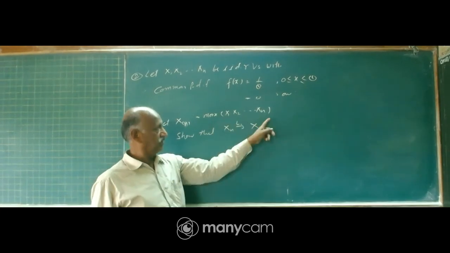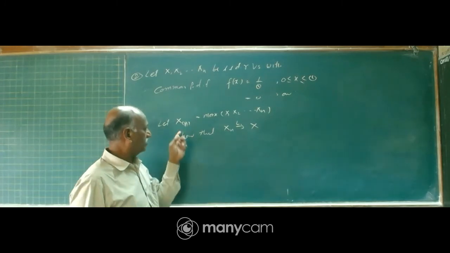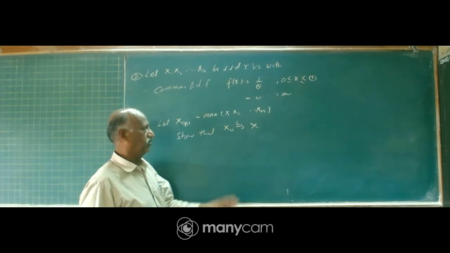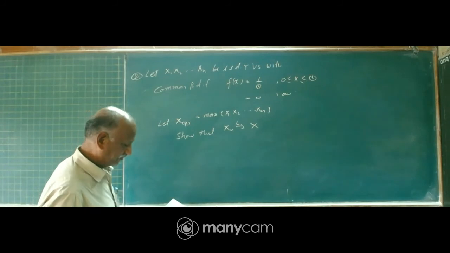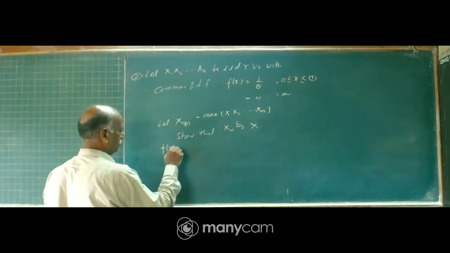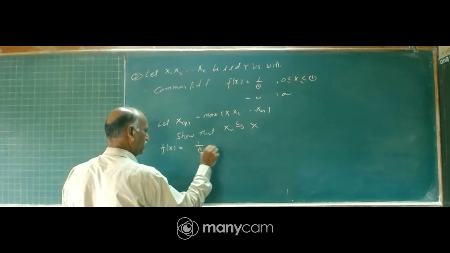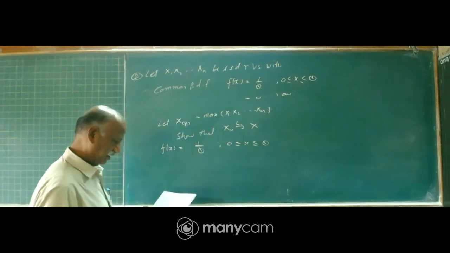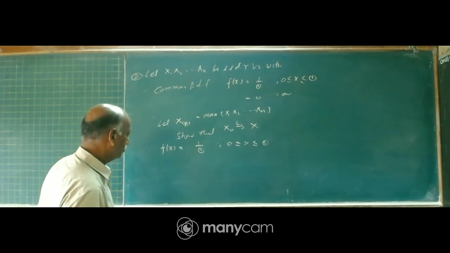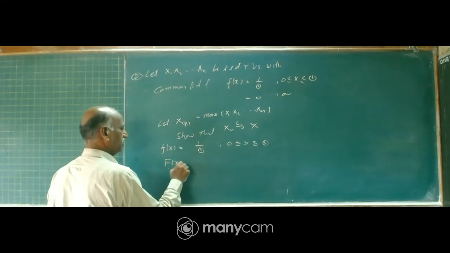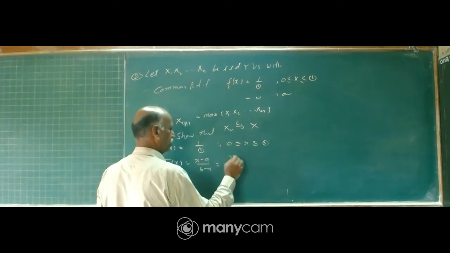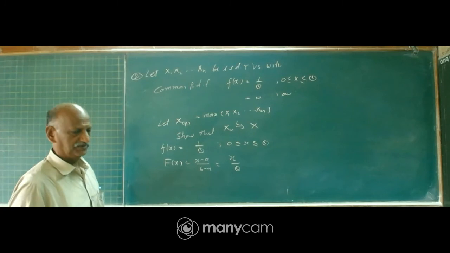आता आपल्याला Xn converges to X in law दाखवायचं आहे. आपल्याला माहिती आहे, uniform distribution चं डिस्ट्रीब्युशन फंक्शन F(x) म्हणजे x minus a by b minus a, इथे a इक्वल टू 0 आणि b इक्वल टू theta, त्यामुळे F(x) equal to x by theta.